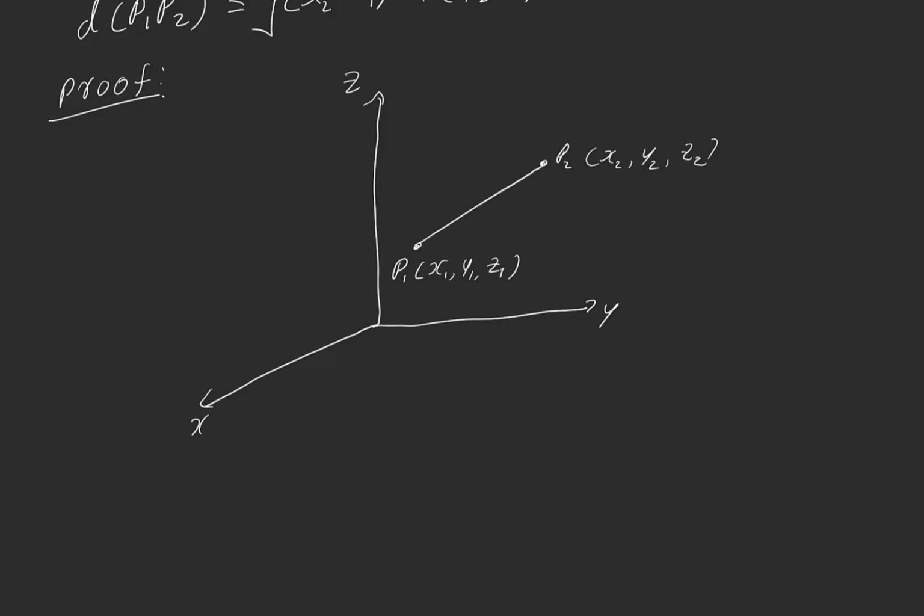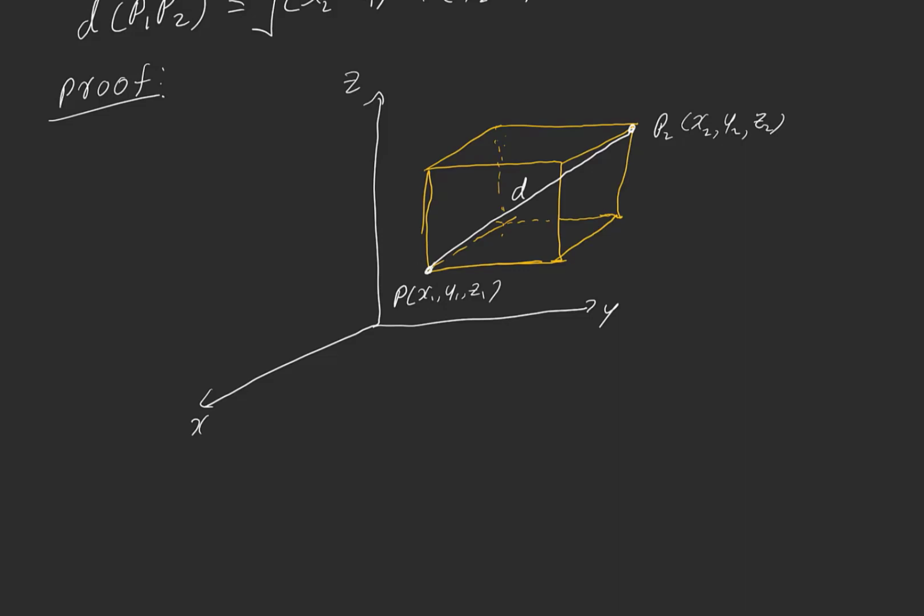We are looking for the distance between P1 and P2. I use D for the distance between P1 and P2. Then this is a 3D, so let me complete the diagram here. So this is the complete diagram for our proof.